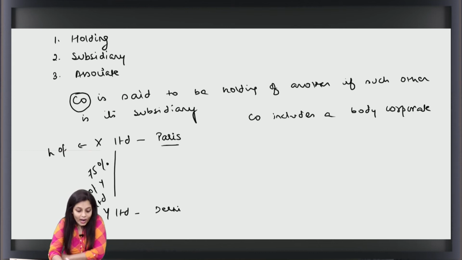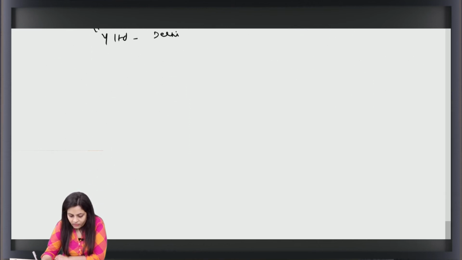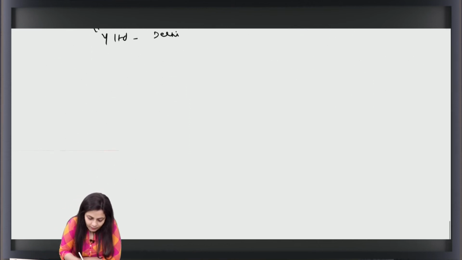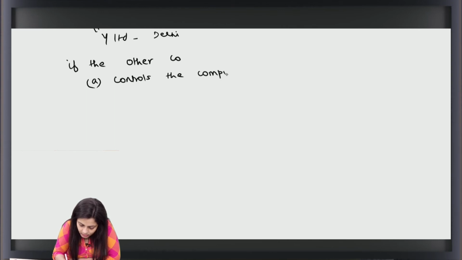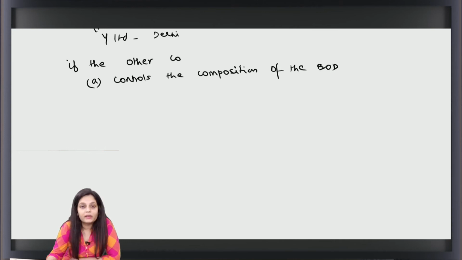So let us try to understand what is subsidiary then. So if we look at the definition of subsidiary, a company is said to be the subsidiary of another if the other company, let me just write down the entire definition, then we will discuss it, controls the composition of the board of directors.